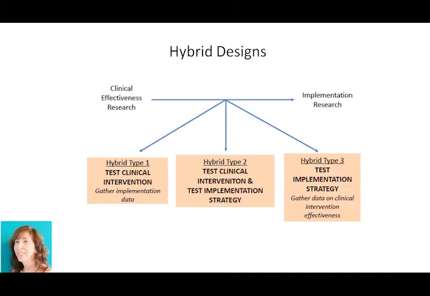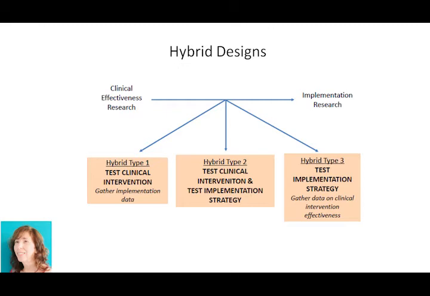Finally, let's talk now about hybrid designs. What are hybrid designs? These designs are very specific of implementation research, and their main characteristic is that they combine both clinical effectiveness research and implementation research.